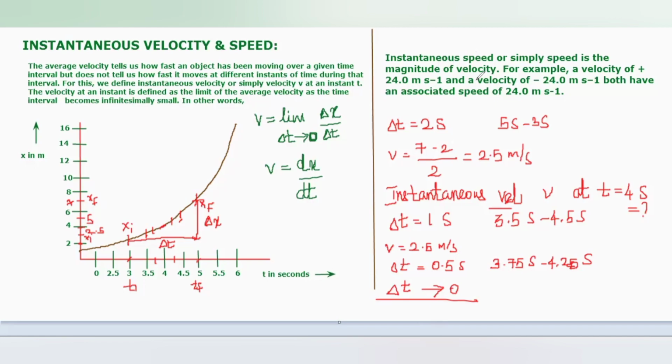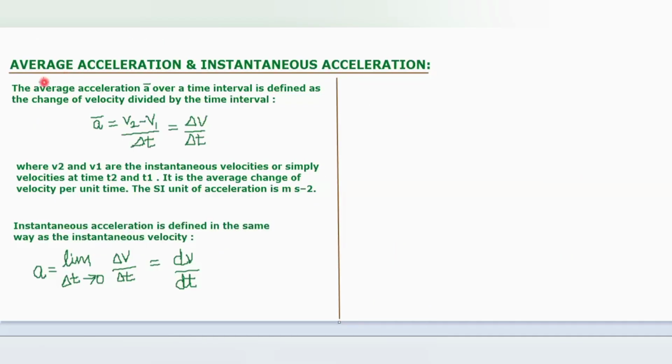Okay, so then we are going to discuss the next topic, average acceleration and instantaneous acceleration. The average acceleration, to make the difference between average and instantaneous, is mentioned with a bar.